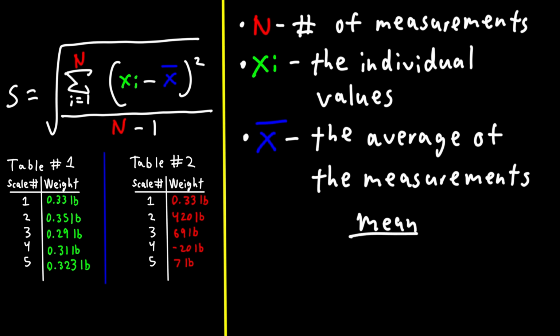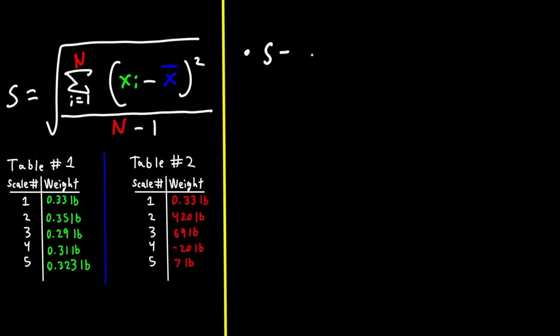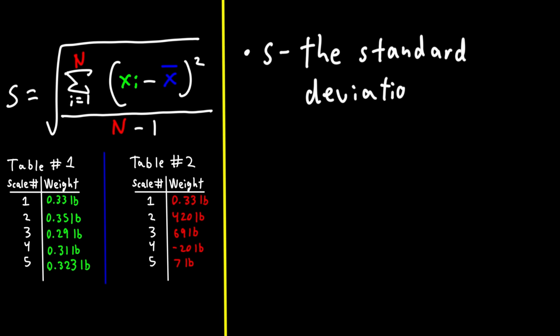So to calculate the average, you would just calculate the mean. S represents the standard deviation. Now, the smaller the number S is, the more precise our measurements are. The larger the number S is, the less precise our measurements are.